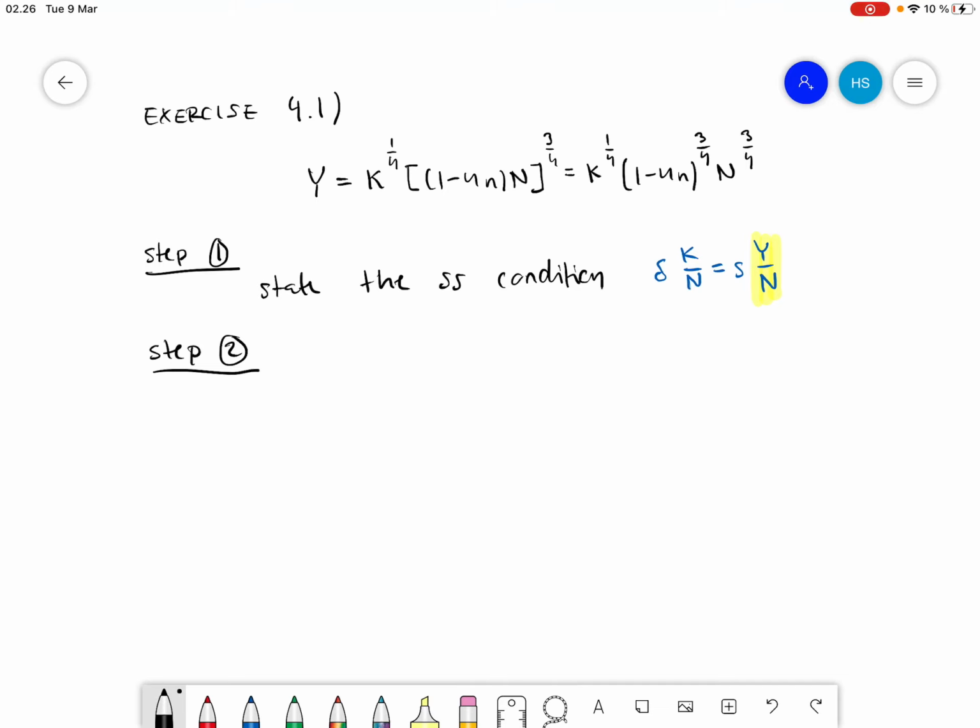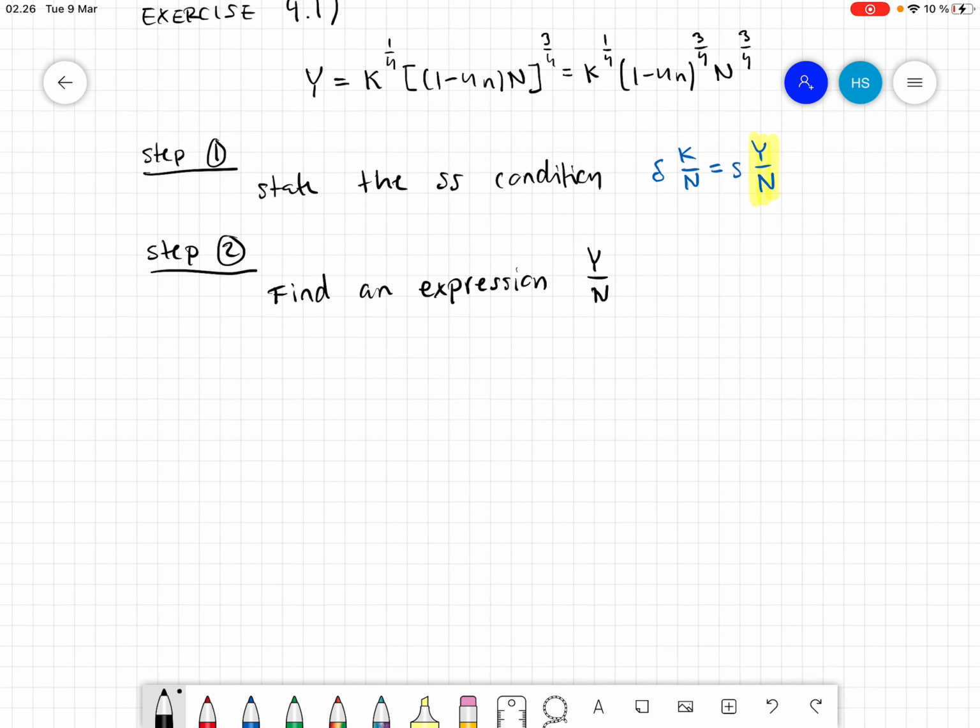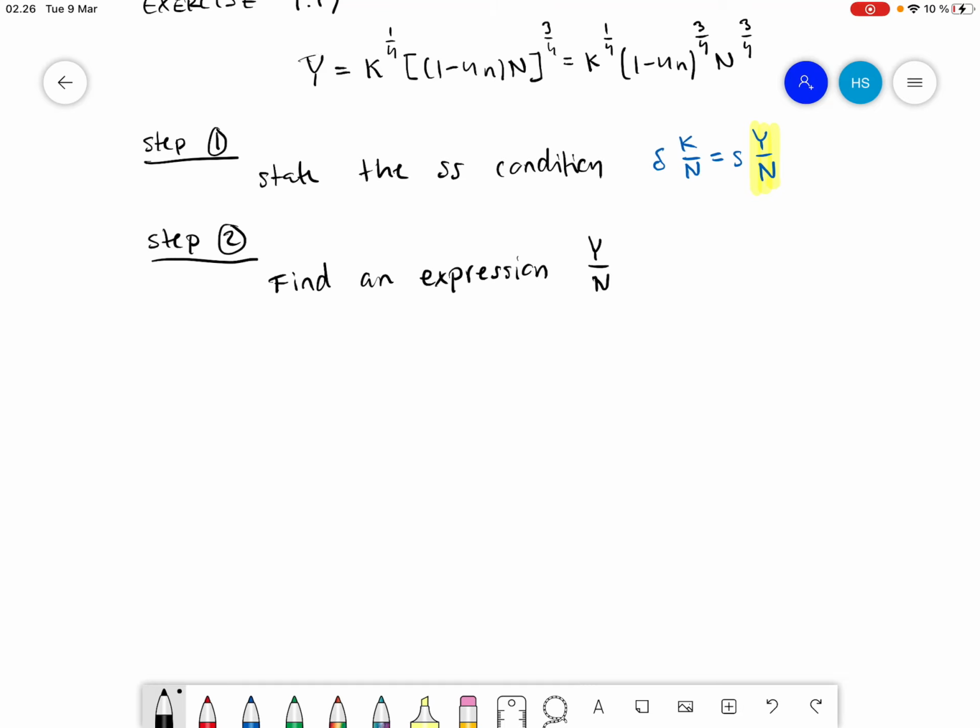So in order to replace Y over N, we have to find an expression for Y over N. The only way to do that is to compute output per worker. Remember, the production function is this.